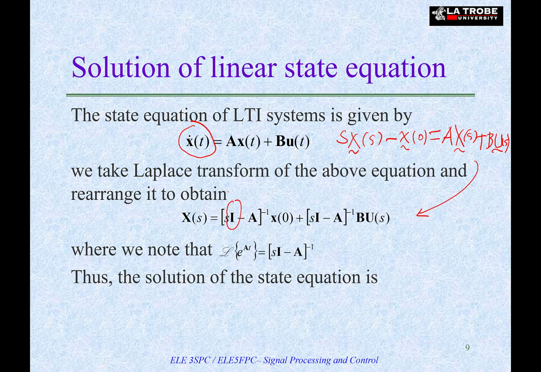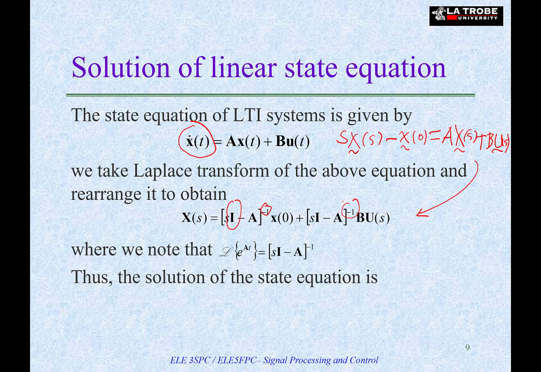Another thing is that you can't do a division by a matrix. Matrix divisions can only be done through left multiply or right multiply of the inverse of a matrix. That's why we have this matrix inversion here.